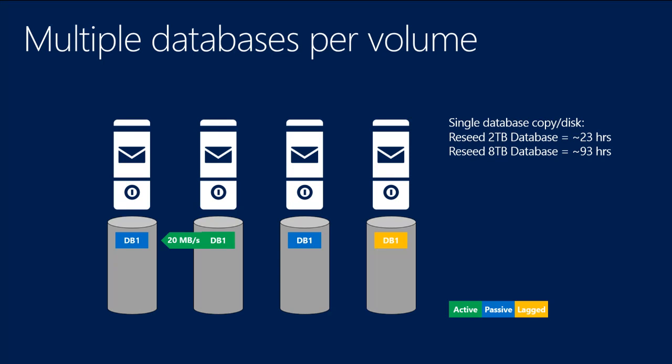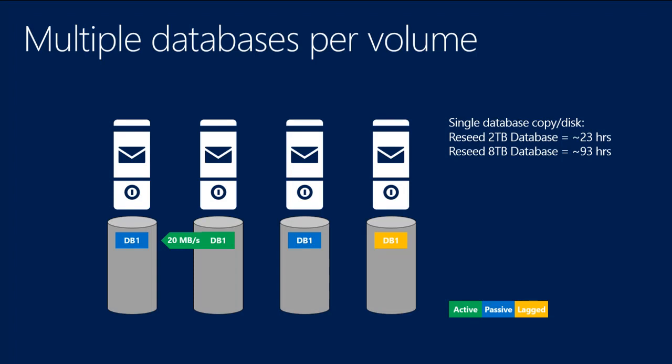So there are a couple of problems with that. The first problem is it's going to take 93 hours. And that's a huge problem because that is operationally untenable. That is too long to wait for most organizations to be able to reestablish redundancy. But the other downside is that's also 8 terabytes of data coming in one seeding operation. And those of you who've done reseeds of databases, for instance in Exchange 2010, know that the seeding operation needs to be babysat.